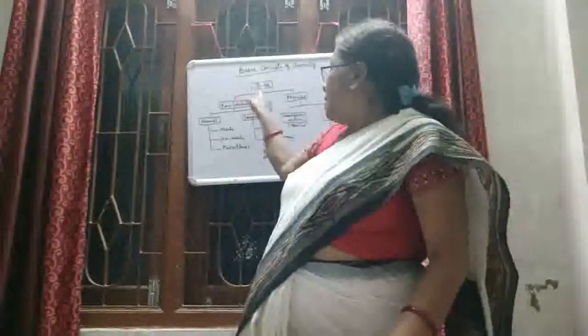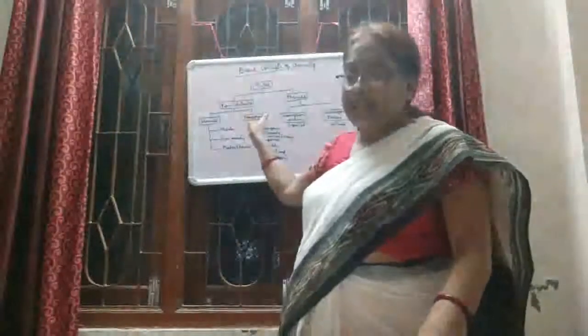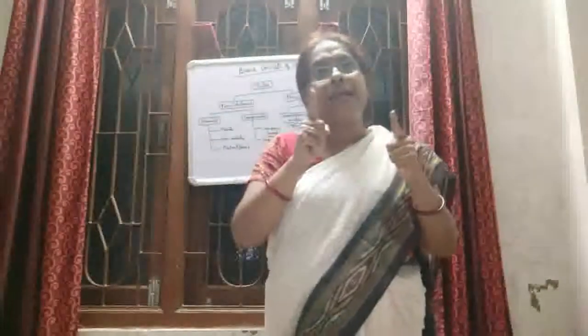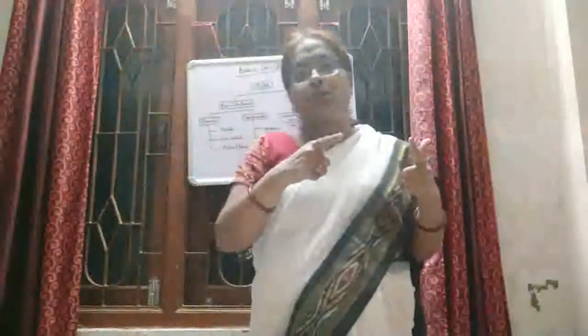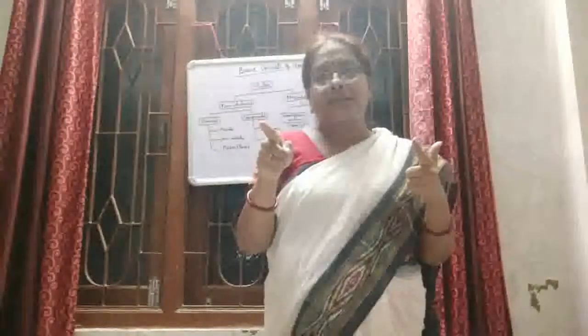Next, we will come to the classification of matter. Here, matter is subdivided into pure substance and mixture. Then pure substance is again divided into elements and compounds. Element is divided into metals, non-metals and metalloids. And compound is divided into inorganic compound and organic compound.